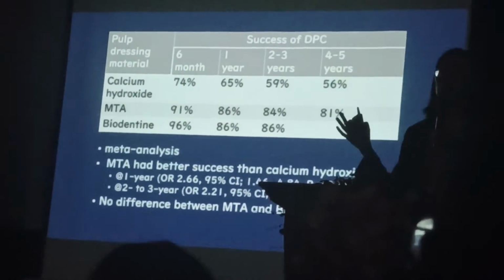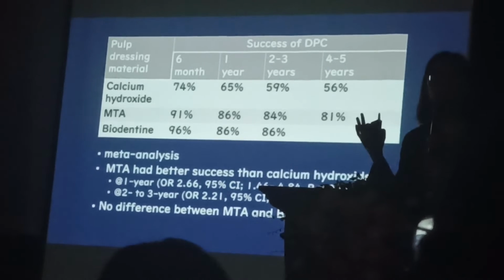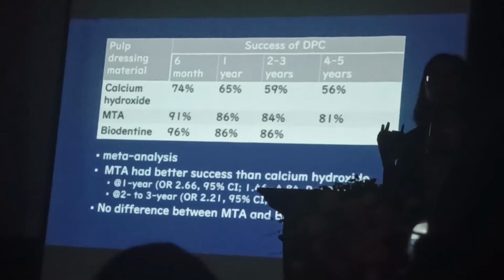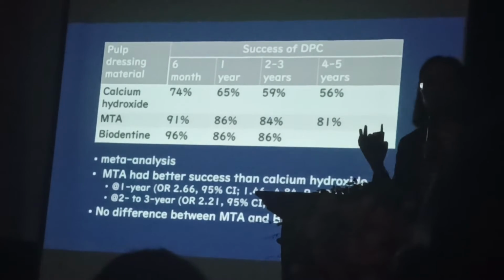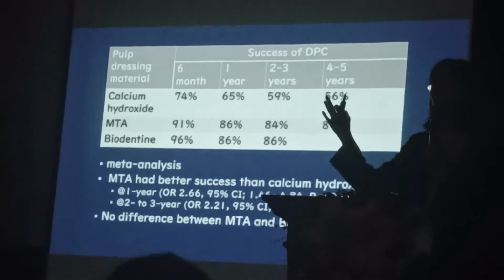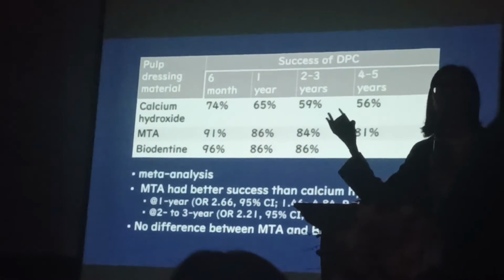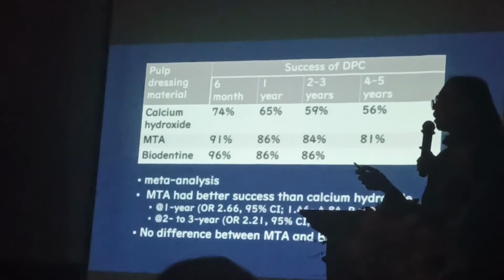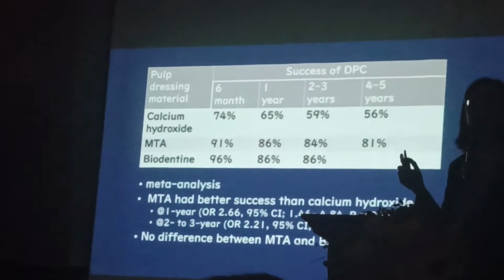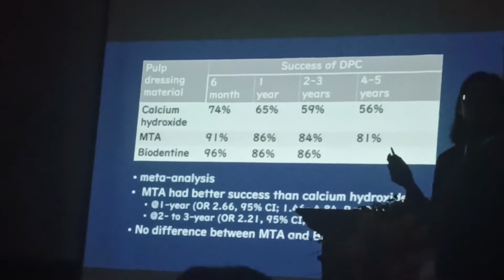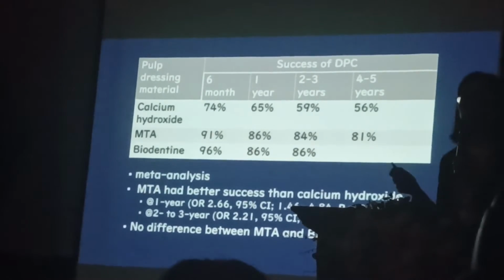And there are several systematic reviews and meta-analyses out there, but all come to the same conclusion. Dr. Ananda explained about systematic review earlier, so I will just give the result of it, okay? They point in the same direction. There's no question about it that calcium silicate cement is doing a lot better than calcium hydroxide.